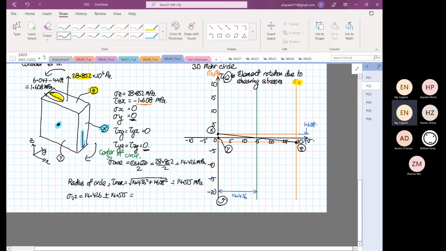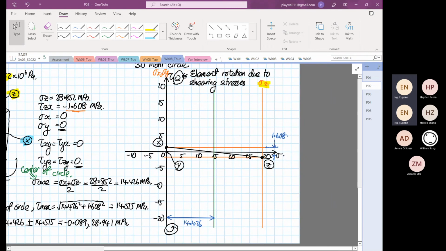Okay, so 14.426 minus 14.515 is minus 0.089, and then the other side is 14.426 plus 14.515, which is equal to 28.941 megapascal. Okay, so now we can sketch our Mohr circle.